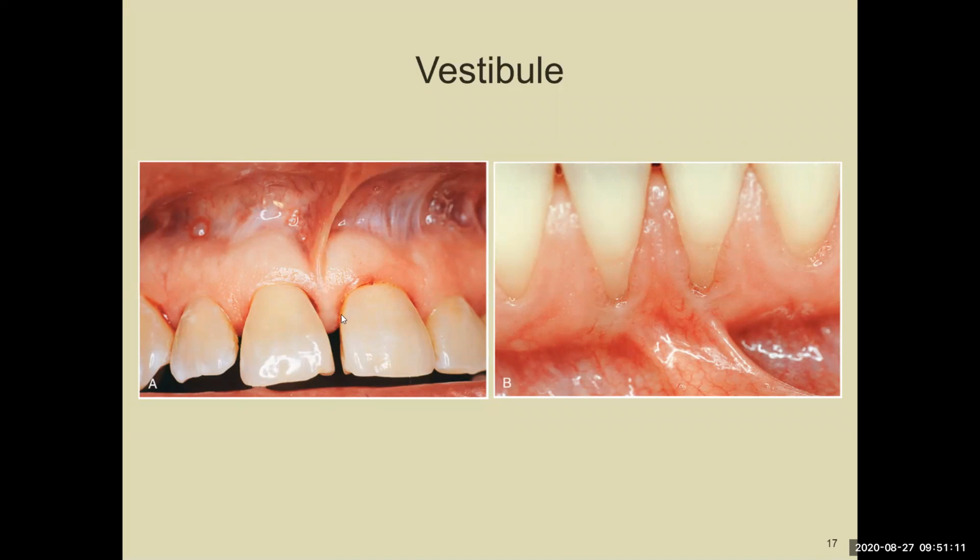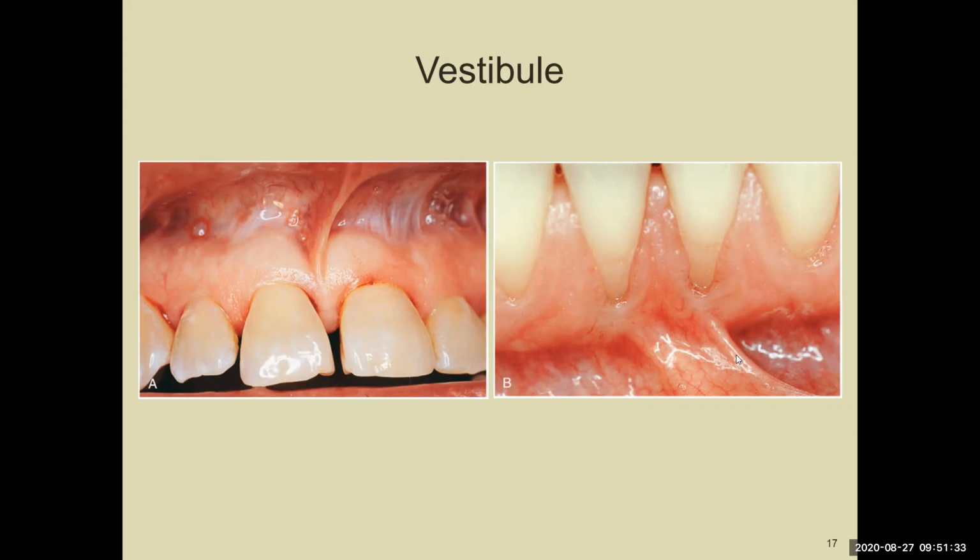That's creating the space between these two teeth. With children, they're now doing what they call frenectomies, where they will take a laser and open this up to free up this frenum so it's not creating a pull.